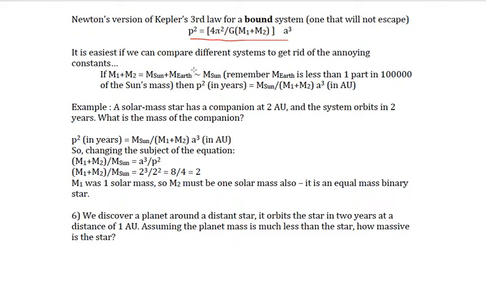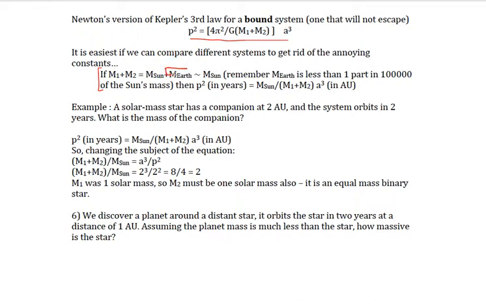And you'll remember that in order to make the calculations easier, we put the units of the equation into solar units, units that relate to the Earth-Sun system. So the sum of the masses is the mass of the Sun plus the mass of the Earth.